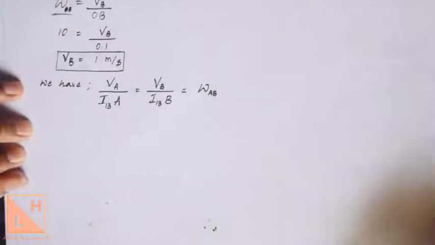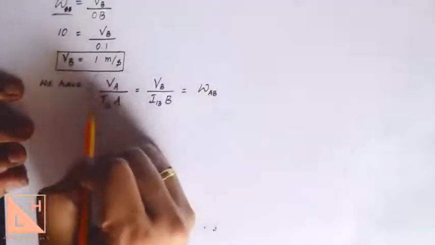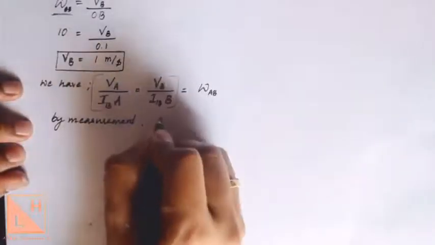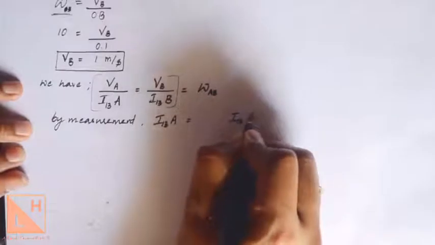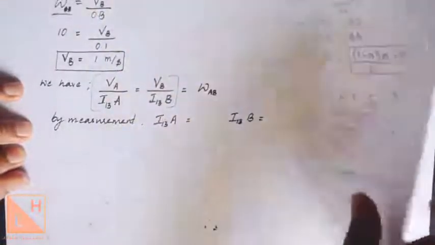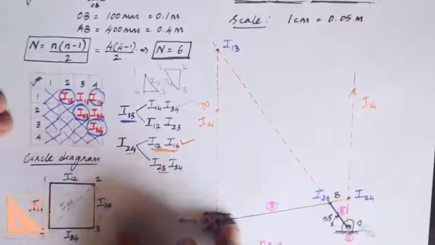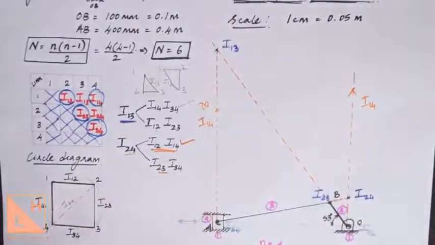Just consider the first two parameters. So by measurement, from the geometrical constructions what you have made, you are going to get I13A and I13B. Let us measure and get the answers from the drawing that we have done.